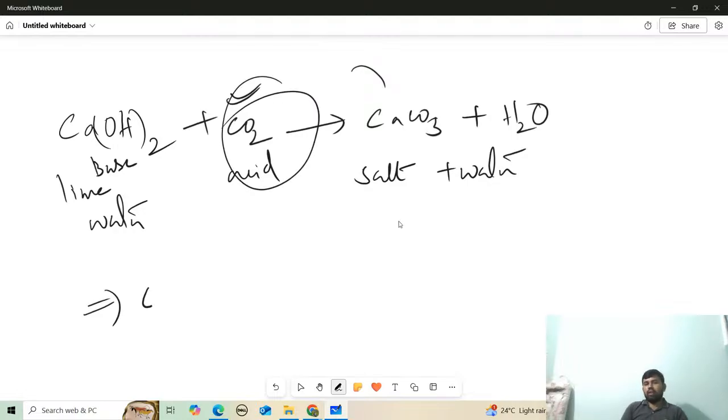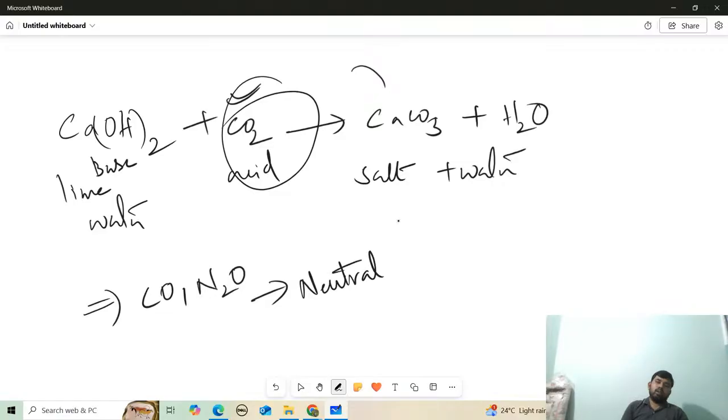Anyway, we have carbon monoxide and N2O. These are neutral, neither acidic nor basic.